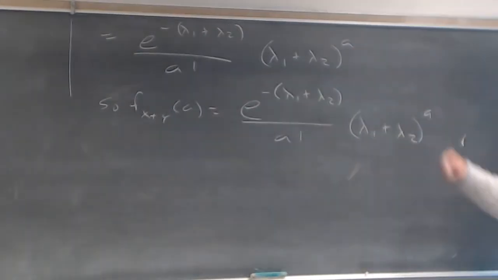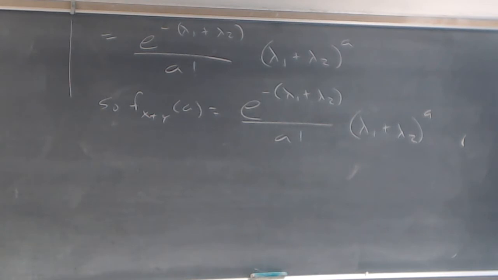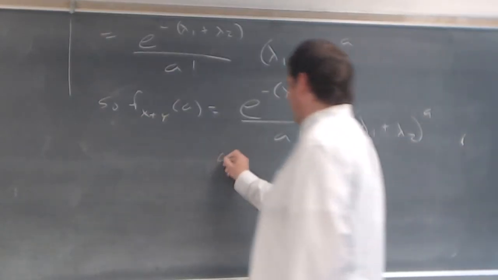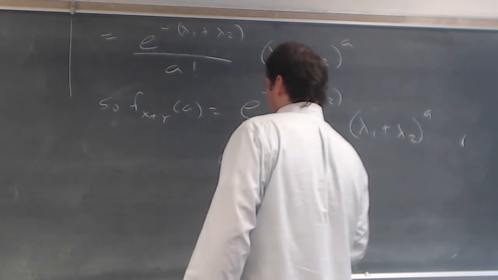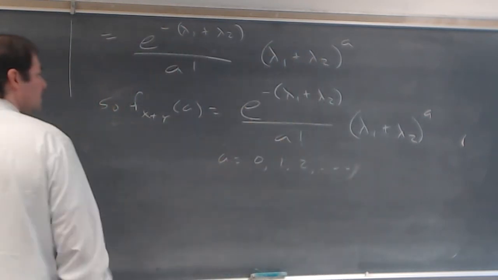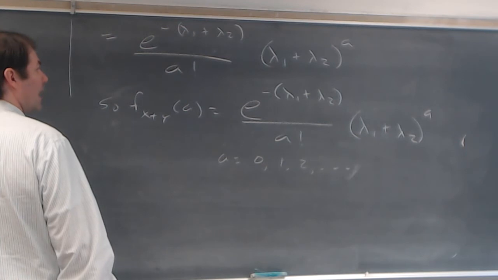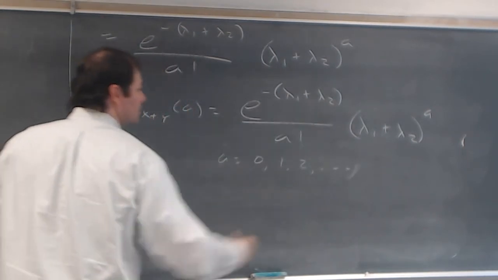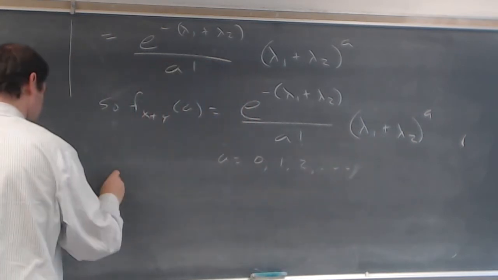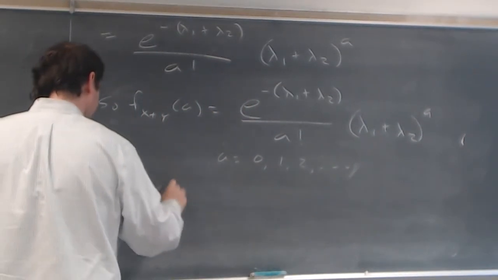And I want you to recognize that, where a could be equal to 0, 1, 2, forever, that is the PMF for a Poisson random variable with parameter lambda 1 plus lambda 2. Okay. So we get to make our conclusion.